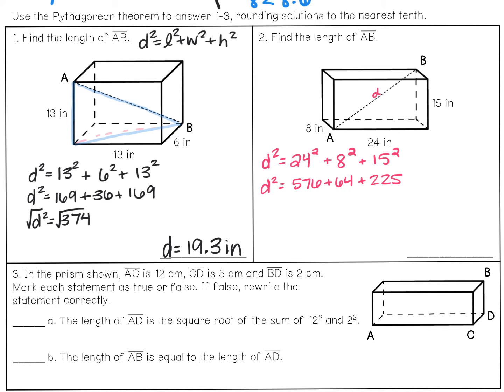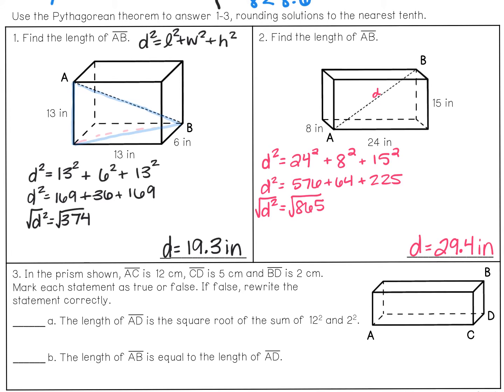When those are added together, we get that d squared equals 865. Our last step is to take that square root, and our diagonal is about 29.4 inches.